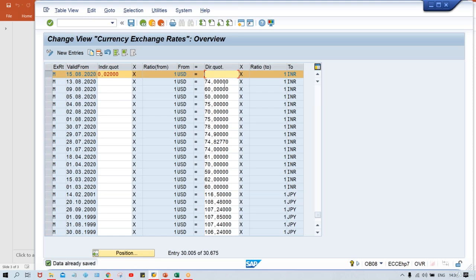So here now, instead of 50 INR, I have specified 0.02 USD equals 1 Indian currency. So under direct quotations, I have specified this 0.02 USD equals 1 local currency. So 1 unit of local currency shows the total value of foreign currency.